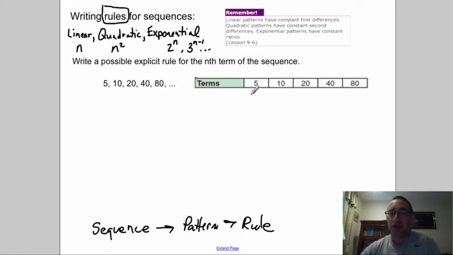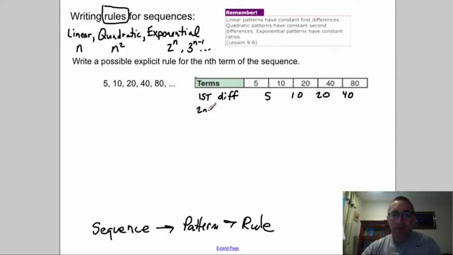You may see the pattern. But first of all, subtract and take a look at the differences between these. Okay? So the first differences are not the same. Okay? 10 minus 5 is 5, 20 minus 10 is 10, 40 minus 20 is 20, and so on.